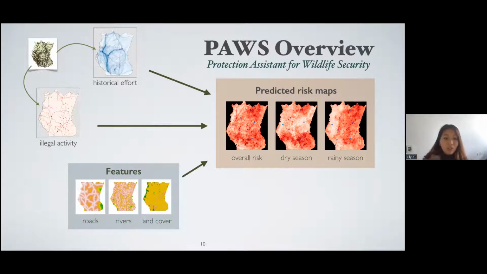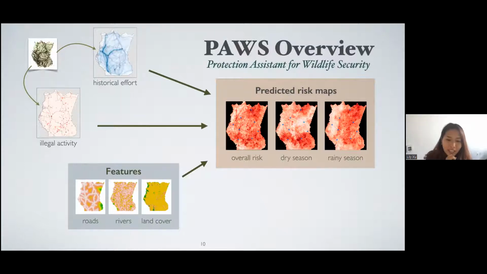But if instead we spent a really long time and walked around 10 kilometers within a single month in an area, then we could be much more confident that our observation of a negative label is a true negative label. So we use that intuition, that domain insight, in order to impute true poaching probabilities, and then develop these predictions.